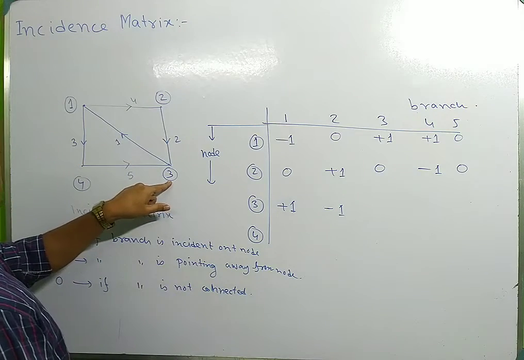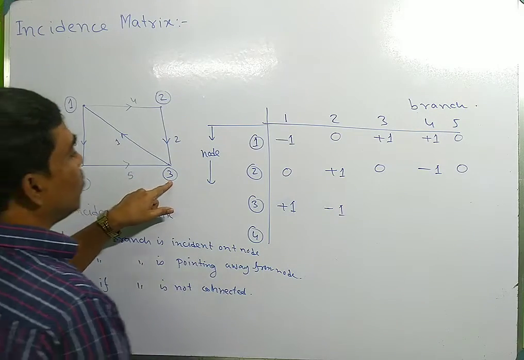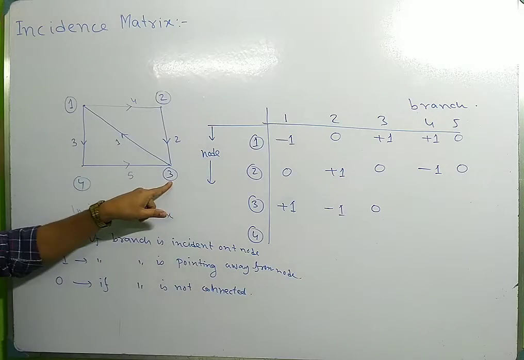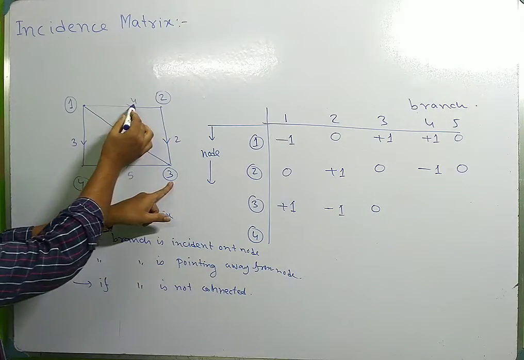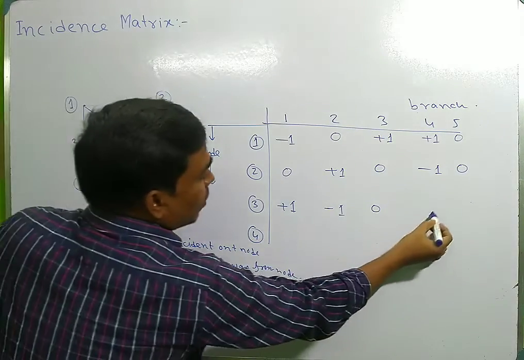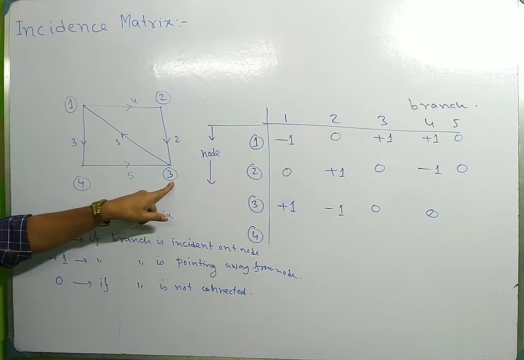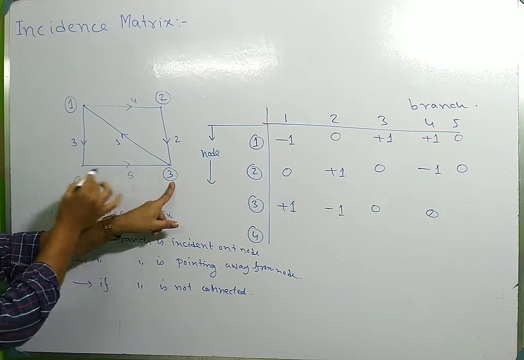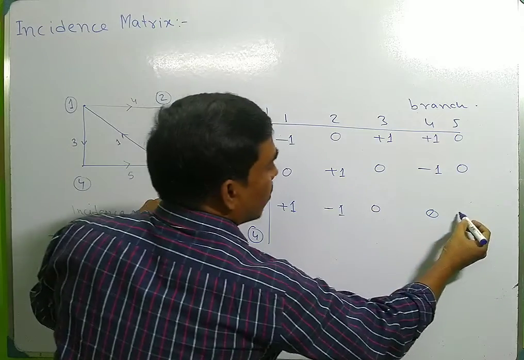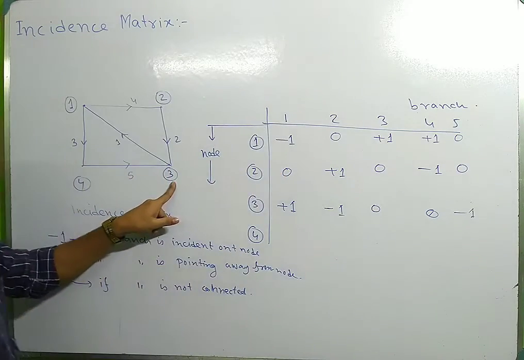Branch 3 is not connected to node 3, so it is 0. Branch 4 is not connected to node 3, so it is 0. Now branch 5 is incident on this node, so it is minus 1.